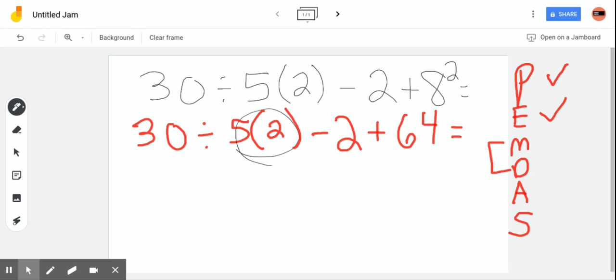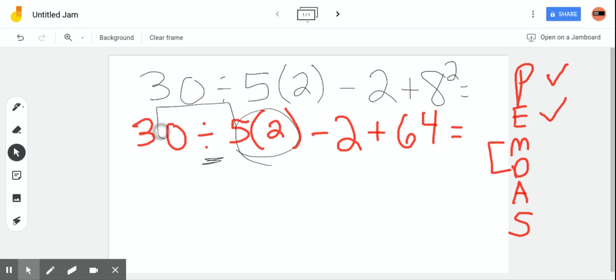We don't multiply first. We multiply and divide in the same step, left to right. Well, I see a dividing right there. That's what we do first. Okay, so we have to divide.